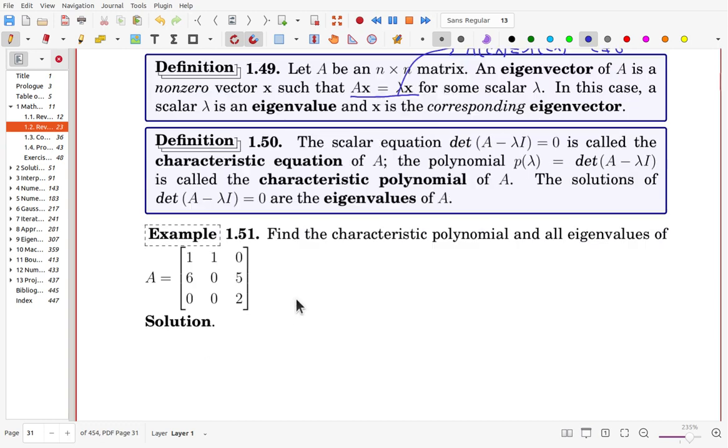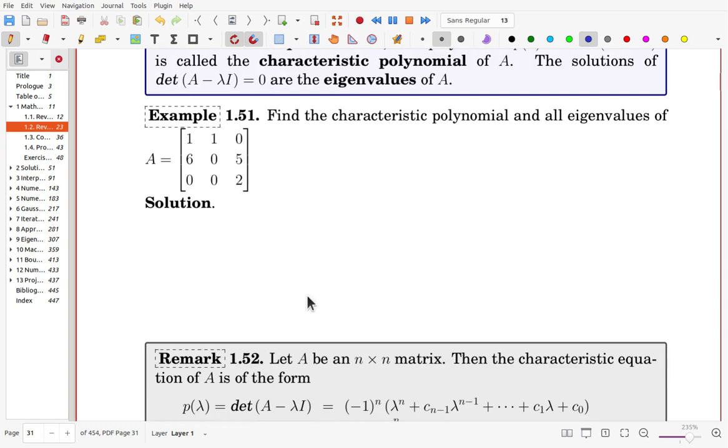Okay? You can solve this problem yourself. After finding the eigenvalues, you can find the corresponding eigenvectors. Okay.